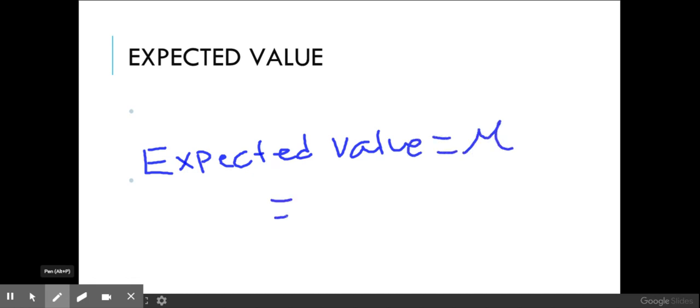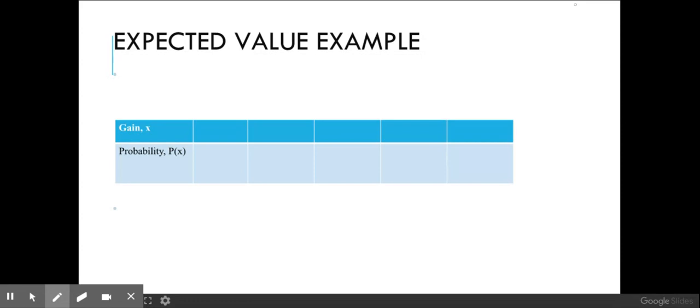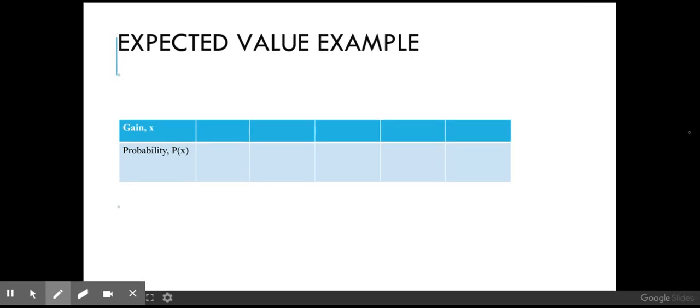Expected value is equal to the mean, so it's equal to summing up x times p of x. We have to figure out what is x, what is p of x, multiply them together, and then add them all up.